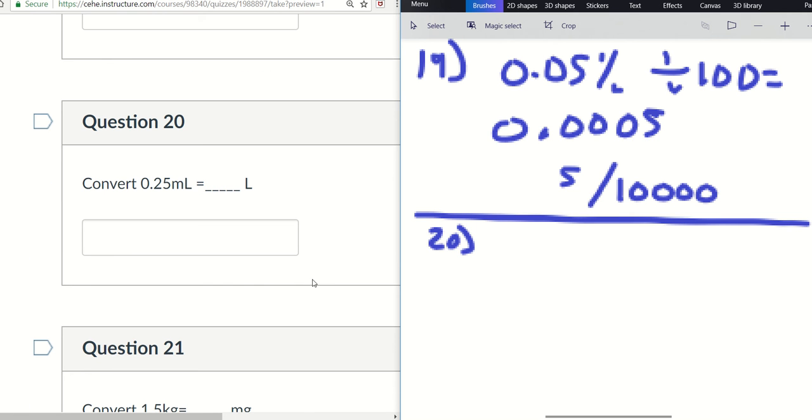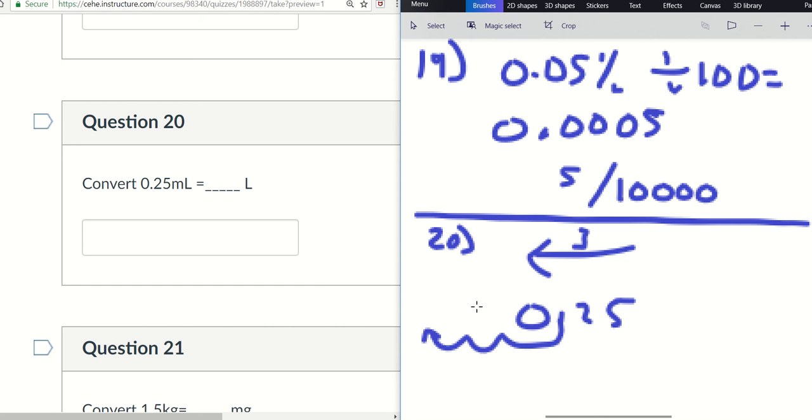20 mLs to liters, 3 spaces to this side. Left. So 0.25, 1, 2, 3. Fill in your zeros as appropriate.